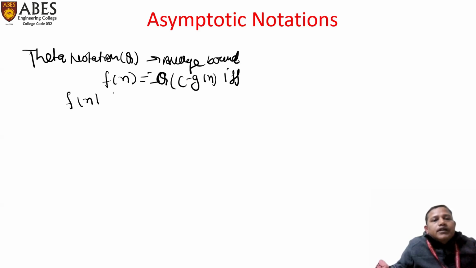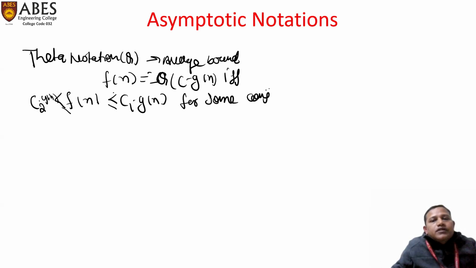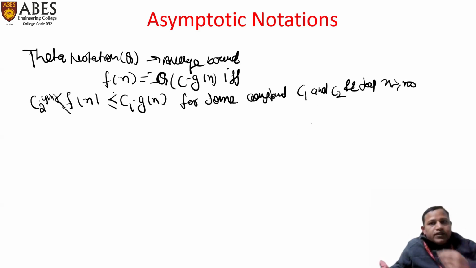f(n) is less than or equal to c1 into g(n), which is less than or equal to c2 into g(n), for some constant values c1 and c2 and for n greater than or equal to n0. Graphically we can represent this.